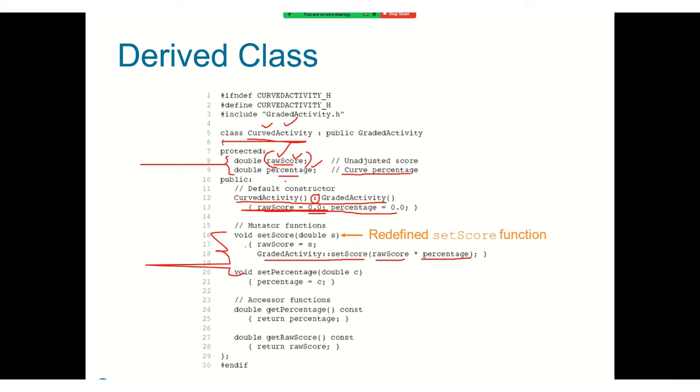So the curved percentage is here, and you can set the curved percentage into this object. That way it will get this number. If you don't set it, then it will be zero. Then your accessor functions, getPercentage and getRawScore, are not overridden. Only this one is overridden or modified.